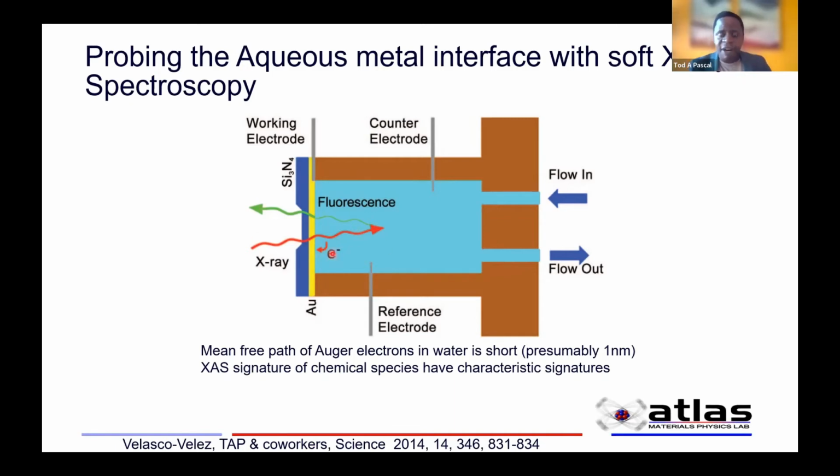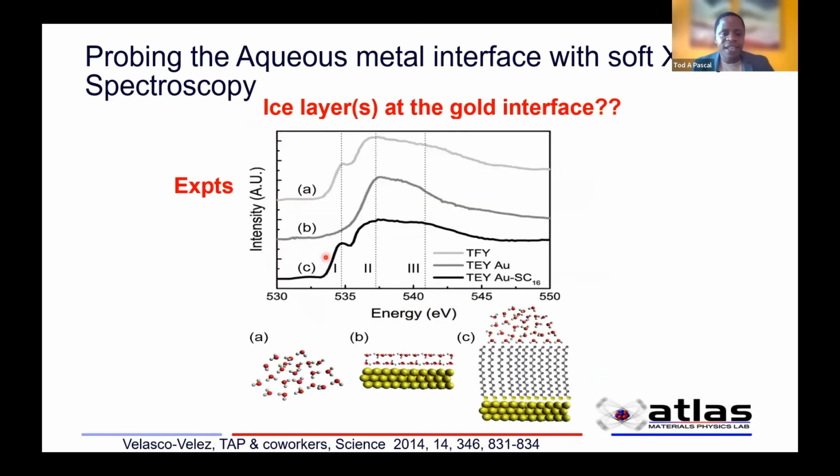So this was the experiment. It turns out to be a really neat experiment. If you do this for just any salt in water as a function of the voltage that you apply to your working electrode, or before you even apply the voltage, at open circuit potential, you can look at the signatures.